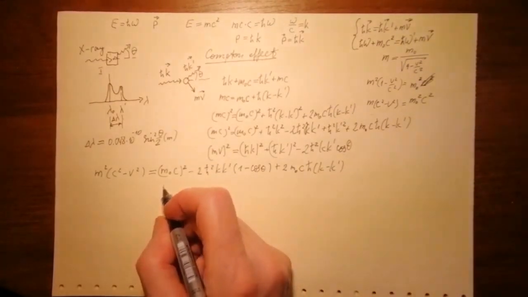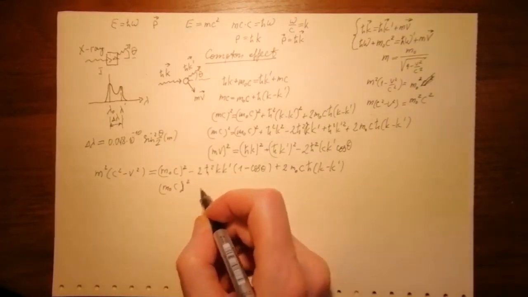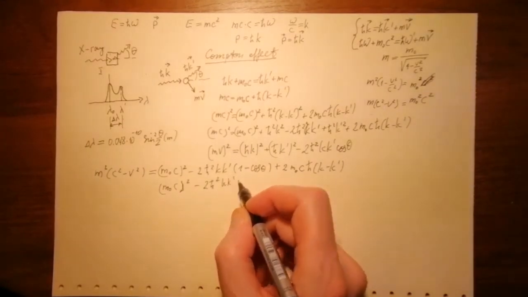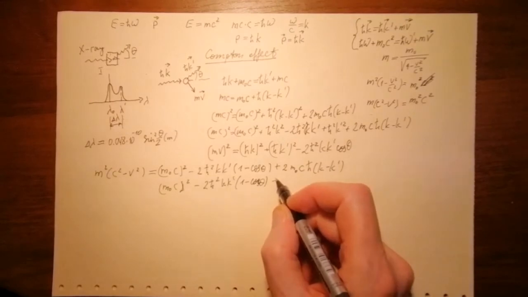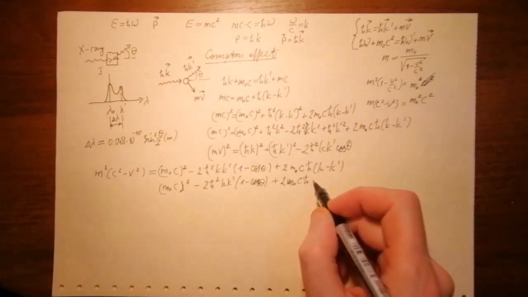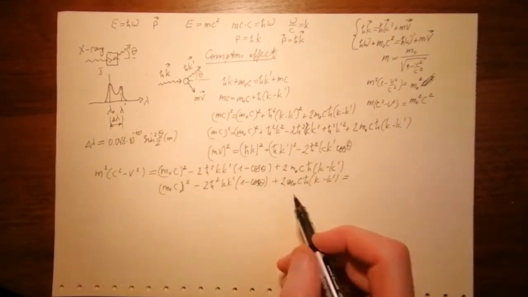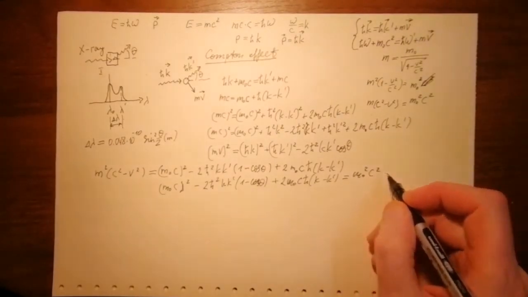Then we see that m0 c squared minus 2h squared k k prime (1 minus cosine theta) plus 2 m0 c h (k minus k prime) is equal to m0 squared c squared.